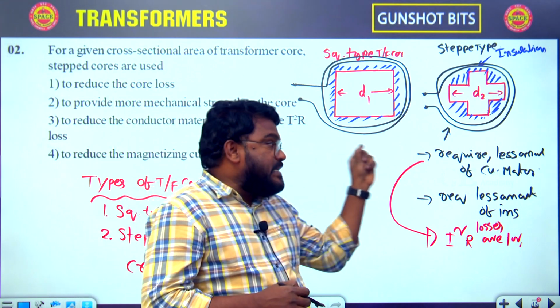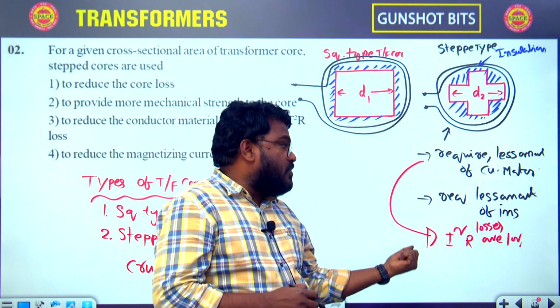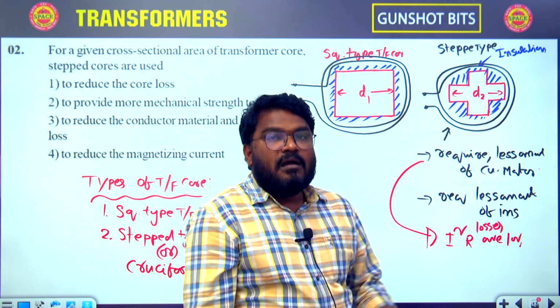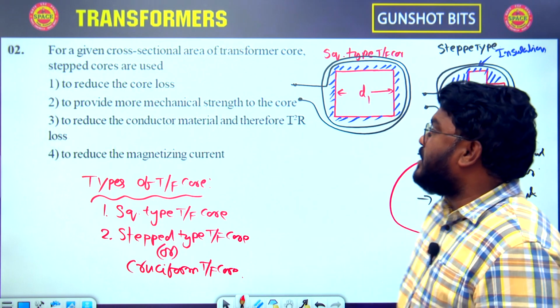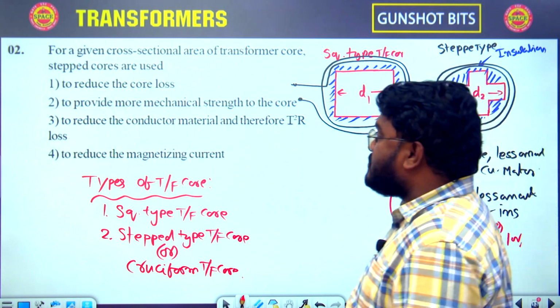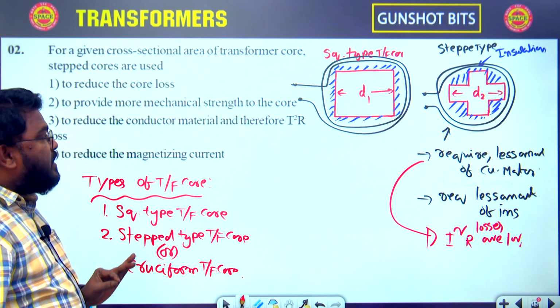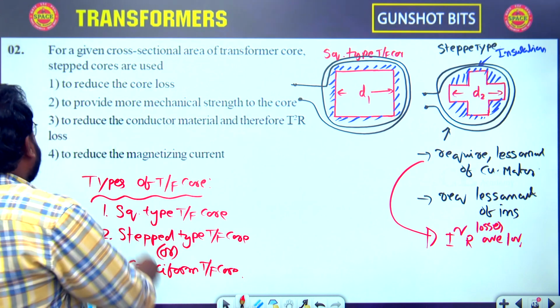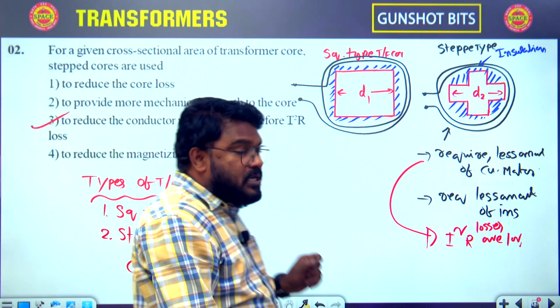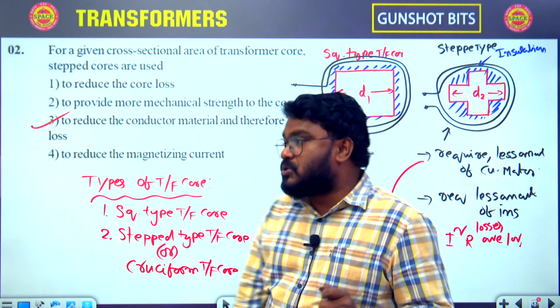So when the winding requirement is less, definitely I square R losses are low in case of the stepped type transformer core. See the third option: to reduce the conductor material and therefore I square R losses. So option 3 is correct for this question.